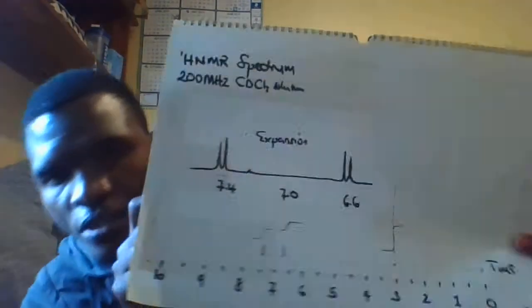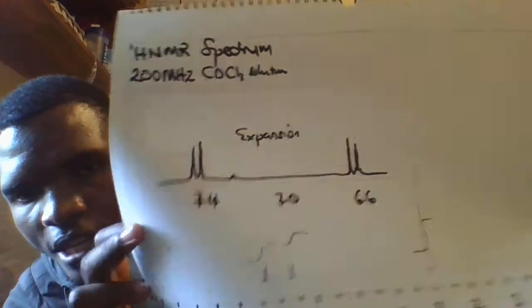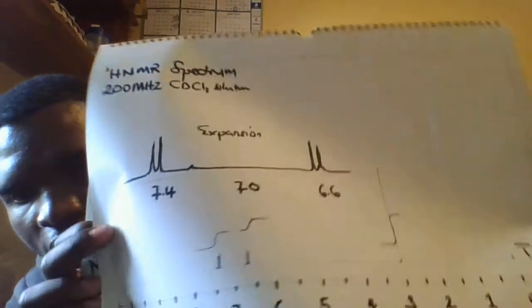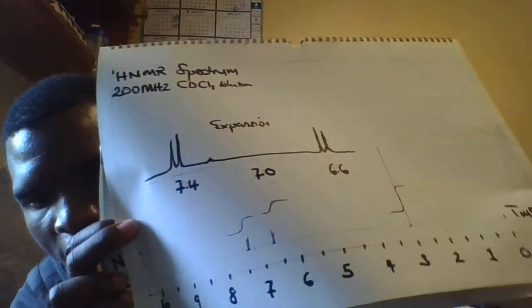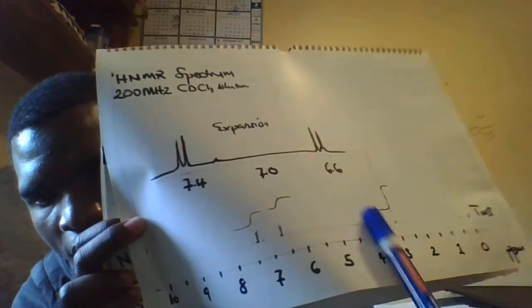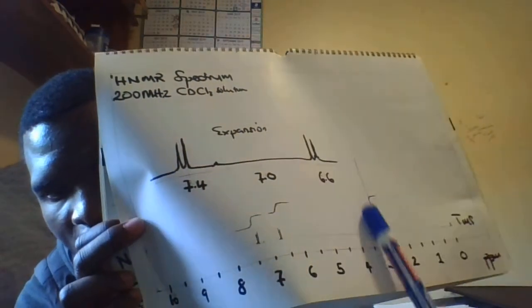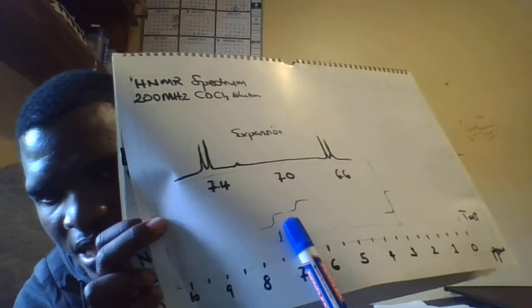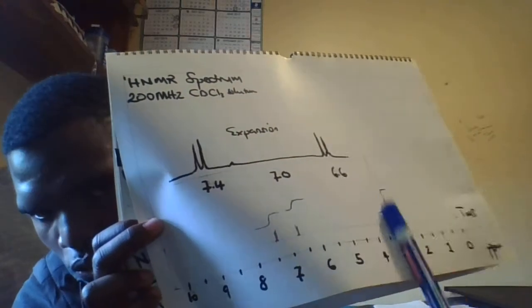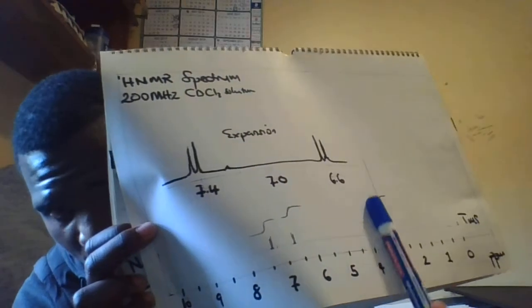Also, if you check here, the hydrogen spectrum, I didn't talk about the integration. The integration shows you the ratio of the hydrogens that you are dealing with. If you check this integration, it's more or less a 1:2 with this one.